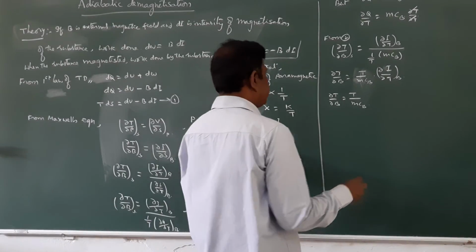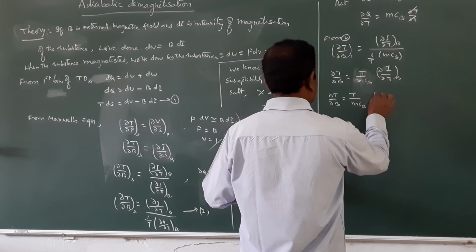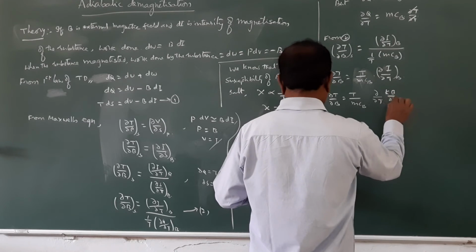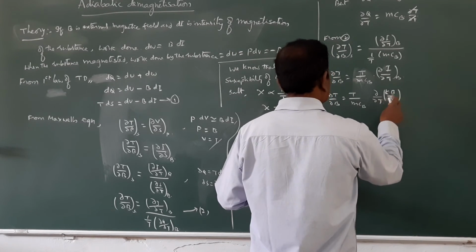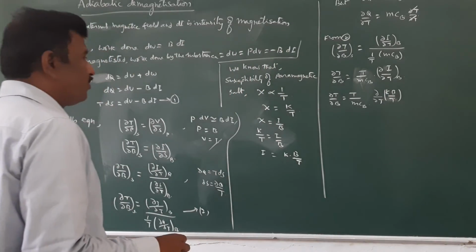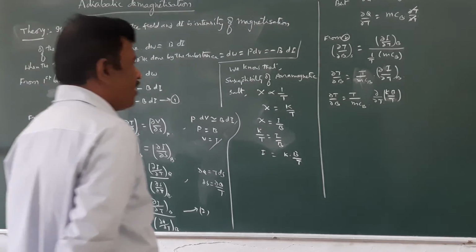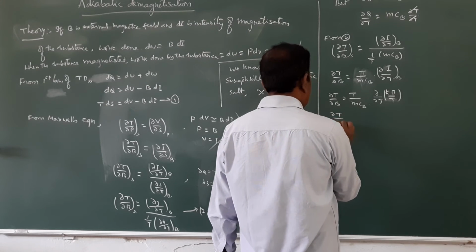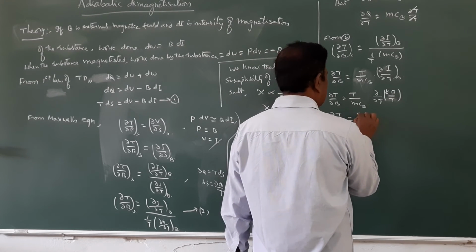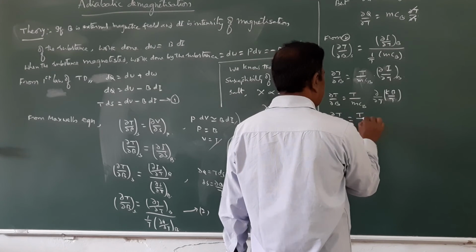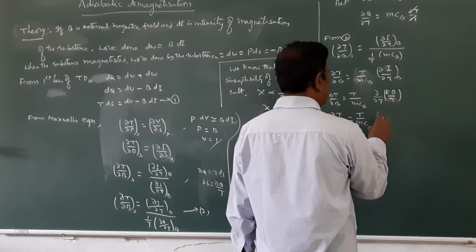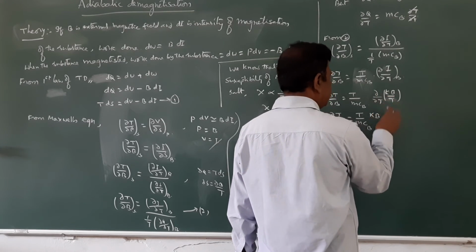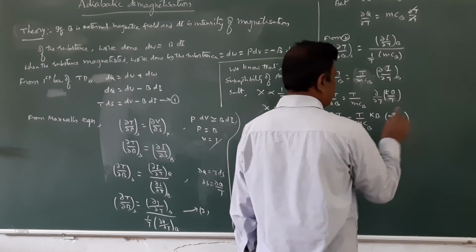Therefore, ∂T/∂B is equal to T by mCb times ∂I/∂T, that is ∂/∂T of K into B by T. Or in the other way, ∂T/∂B is equal to T by mCb times KB times ∂/∂T of 1 by T, which is minus 1 by T square.